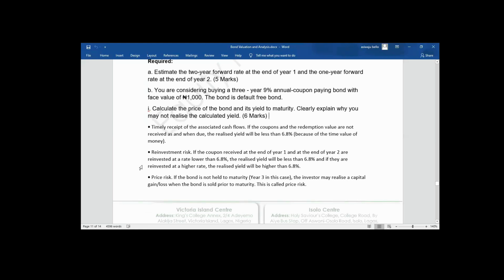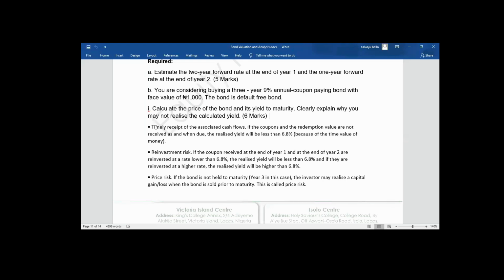Look at the reasons. 1, timely receipts of the associated cash flow. That's a reason why the investor may not realize the calculated yield, which is 6.83%.